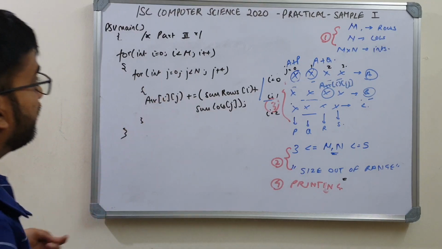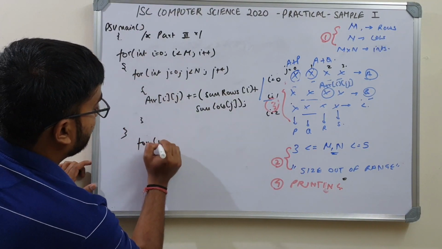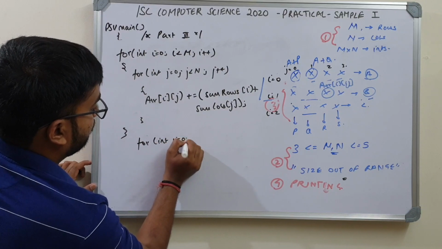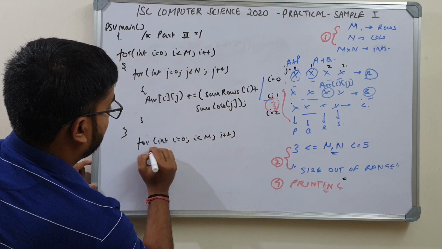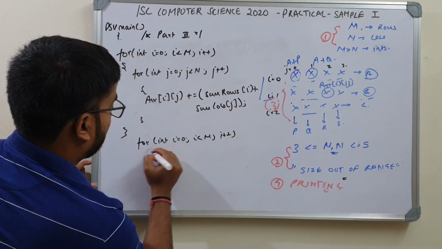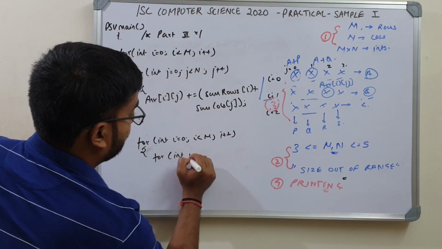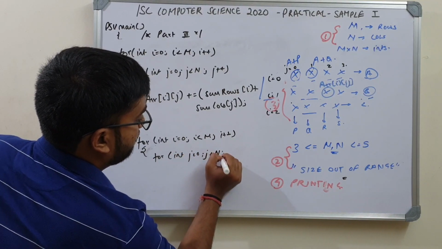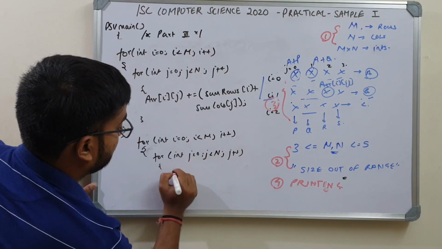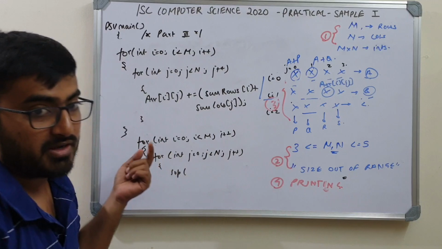Then finally you have to print it. So all you need to do is write this very loop again. For int i equals 0, i is less than m, i plus plus, for int j equals 0, j is less than n, j plus plus, System.out.print, not println, because I want to print each row first.